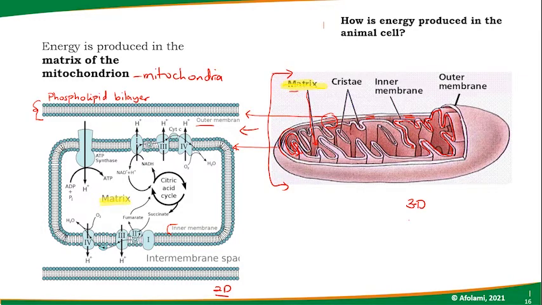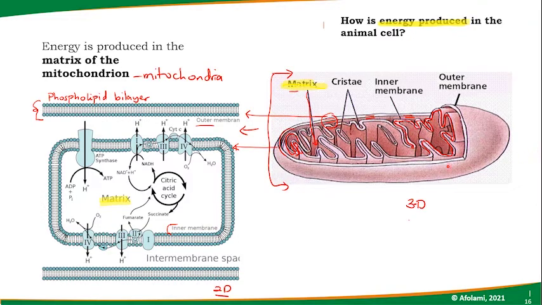Okay, so this is very important because we are looking at energy production, we will need to understand exactly where we are. So that question of where are you, when we begin to go into the details of glycolysis, where is it happening? When we begin to go into the details of the Krebs cycle or the citric acid cycle, where is it happening? It's very, very important in this course.